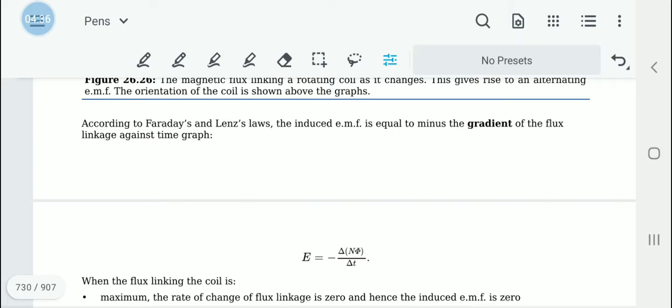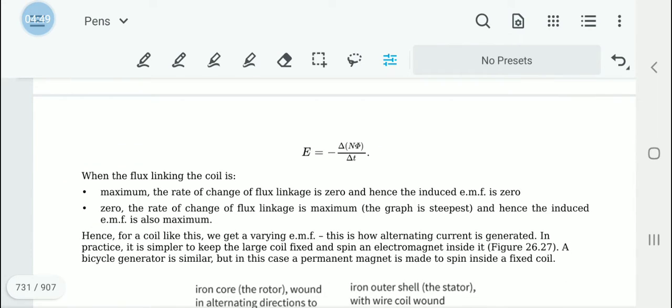According to Faraday's and Lenz's laws, we know that induced EMF is equal to the negative gradient of the flux linkage against time graph, right? E equals negative delta phi upon delta t.